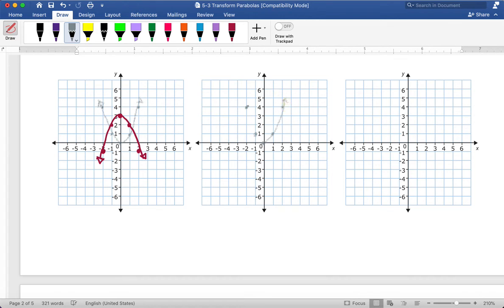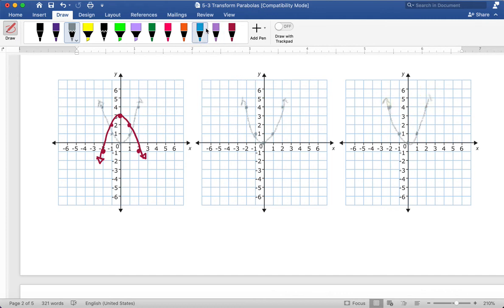The more you draw that parent function, it's going to be so automatic. You won't even have to think about it. 0, 0, 1, 1, 2, 4, axis of symmetry. And there are my parent functions for the last 2 problems.